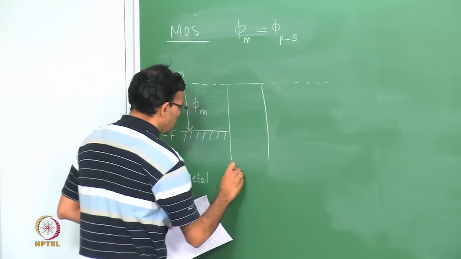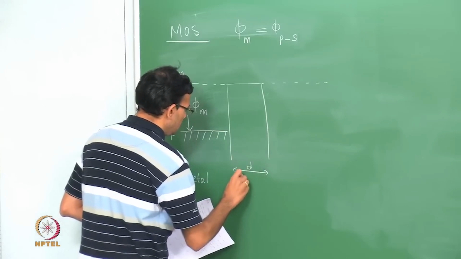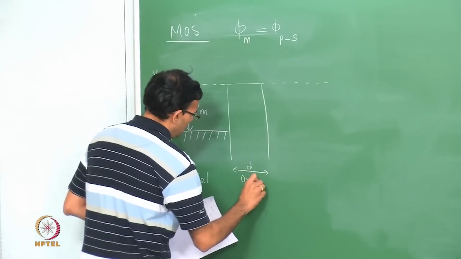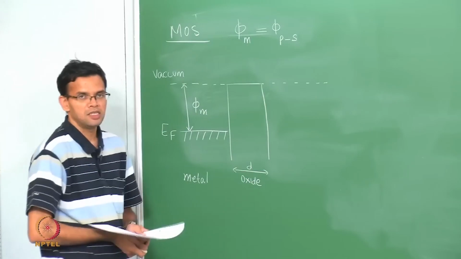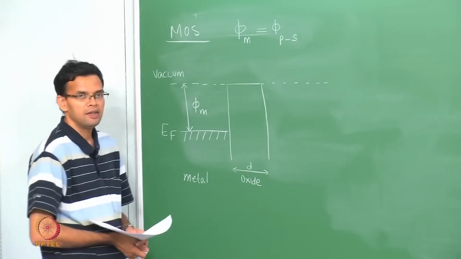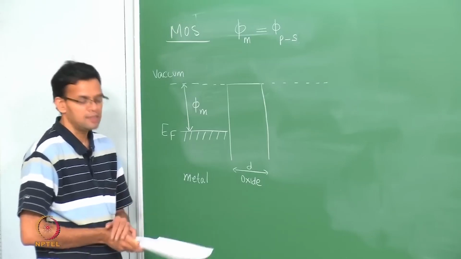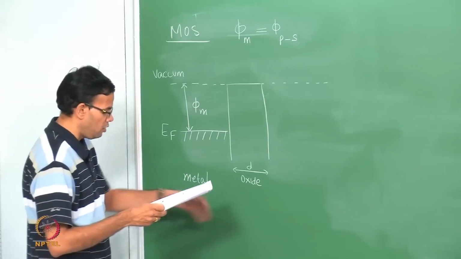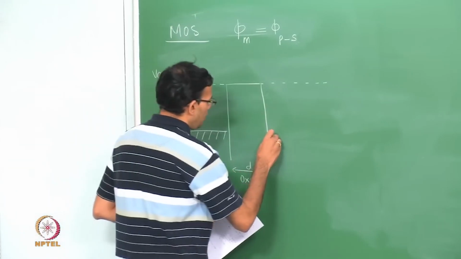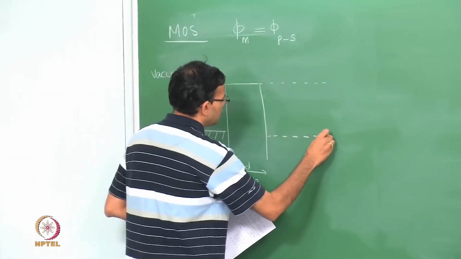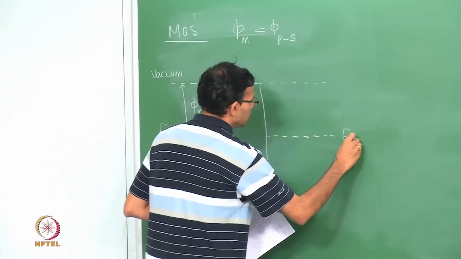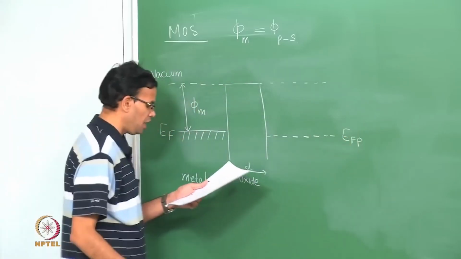I then have an oxide layer of some thickness d. Towards the end we will see what role this oxide or more general an insulator plays. So, we have an oxide layer and then I have a p type semiconductor, EFP.